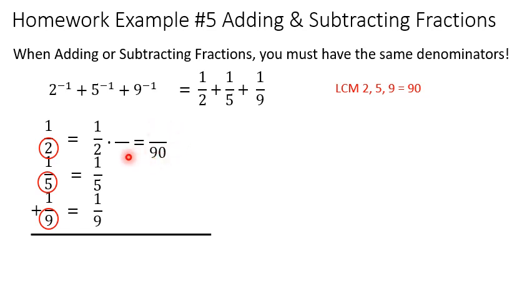In order to do this, I'm going to multiply by a disguise of 1. So this right here is going to be my magic number 1, but what I need is whatever number in the denominator that I would multiply 2 by to get 90.